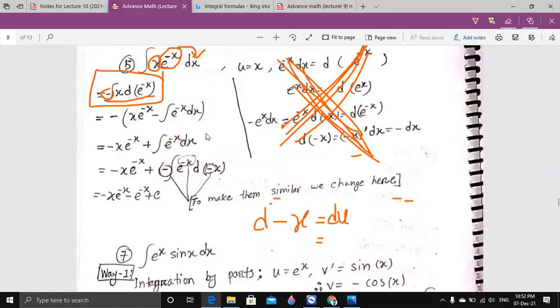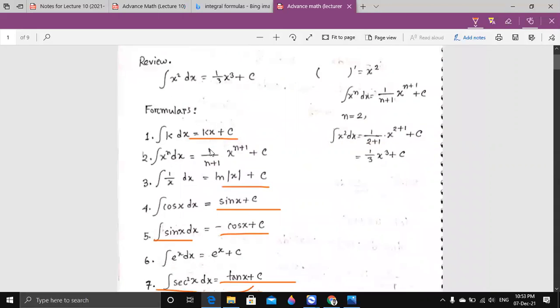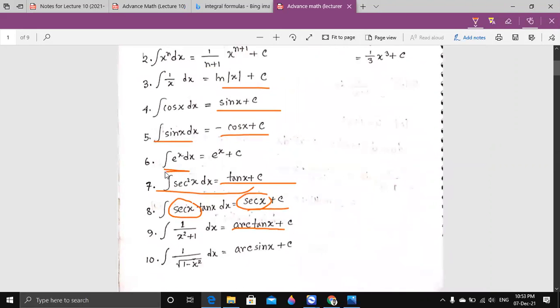So why are we using the substitution rule here? Do you know the reason? No. Because we don't have any formula to calculate e to the power minus x. We have the formula for how to calculate e to the power x, but we don't have the formula for e to the power minus x.